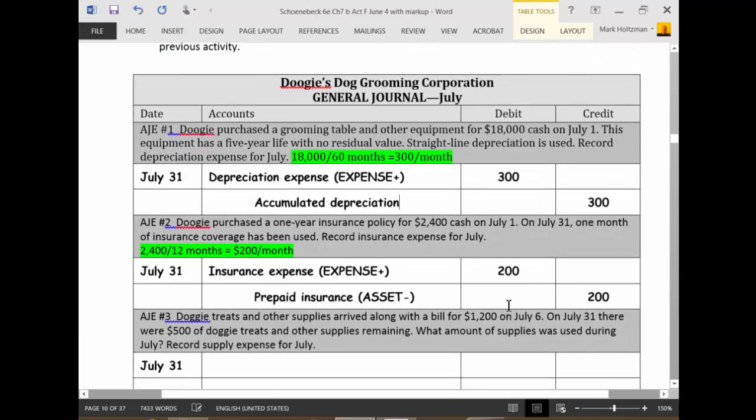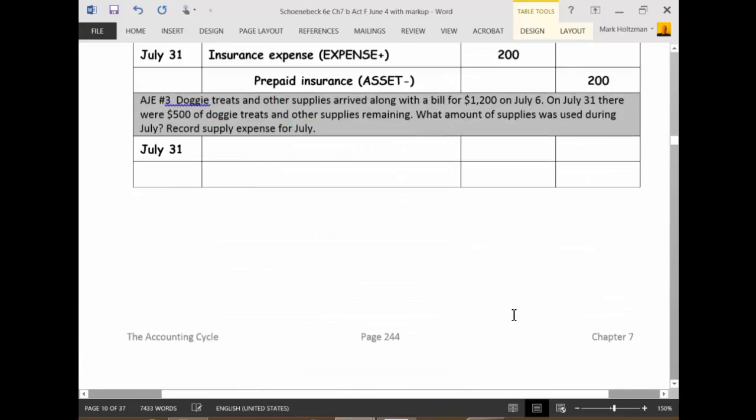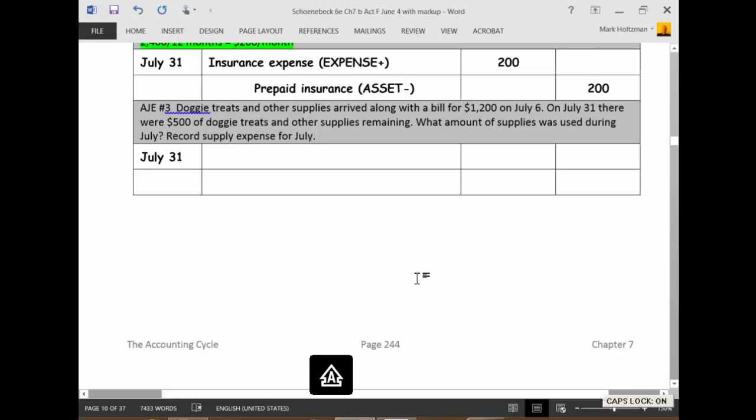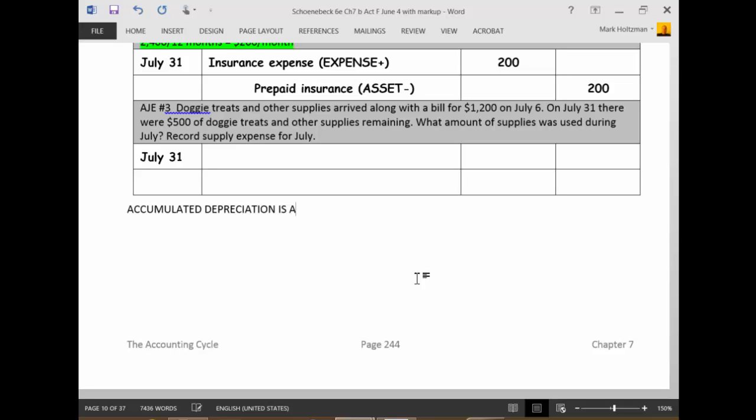If I can just tell you, accumulated depreciation is a contra asset account. It is a negative asset. It has a native credit balance.